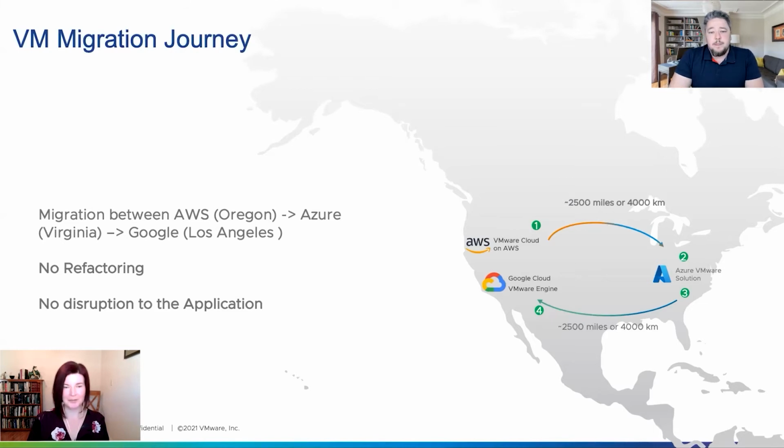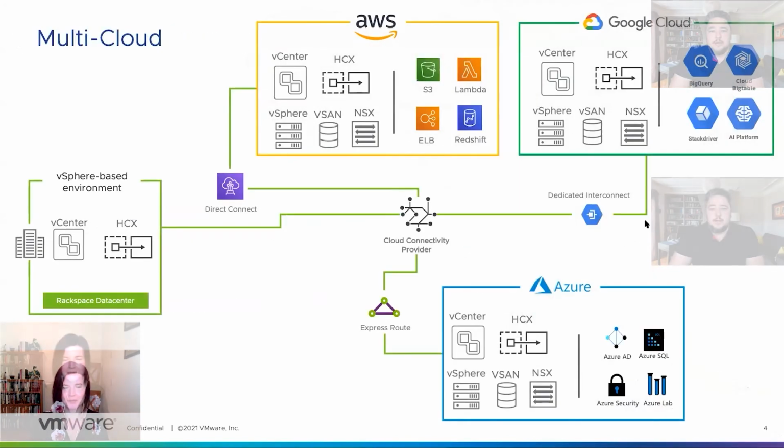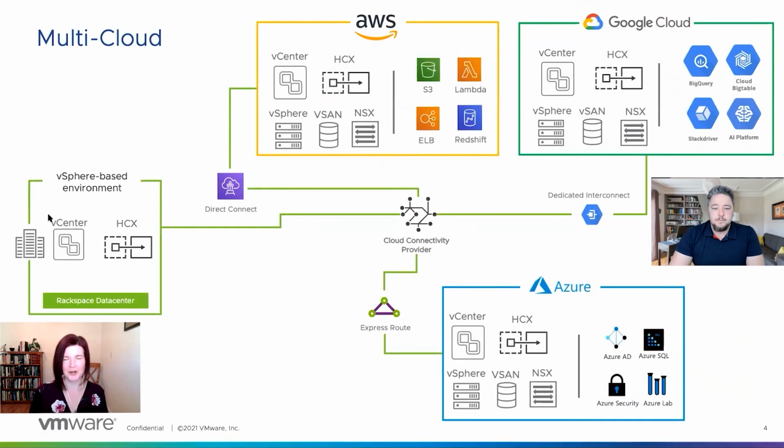Good answer. And I think you have another diagram to show us a little bit more of what our demo is going to show and all the different pieces and places involved. Exactly. What you can see on this slide is the lab environment that we have leveraged for this specific workload portability and mobility demo.